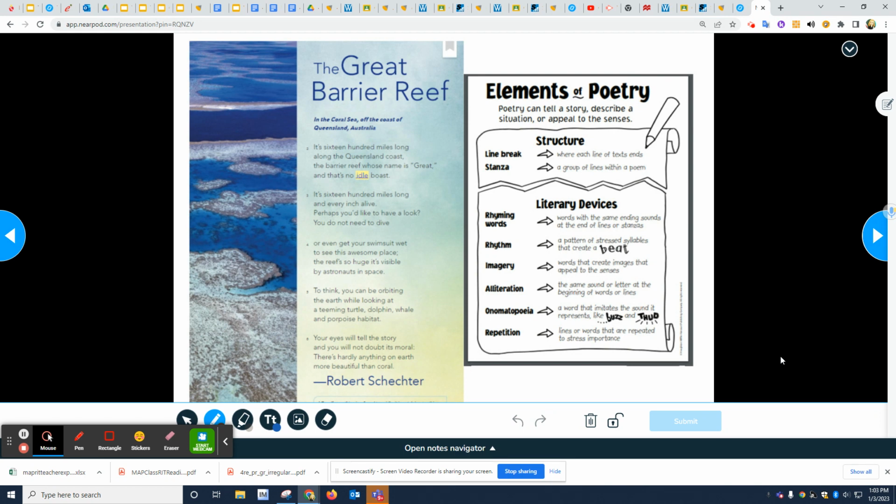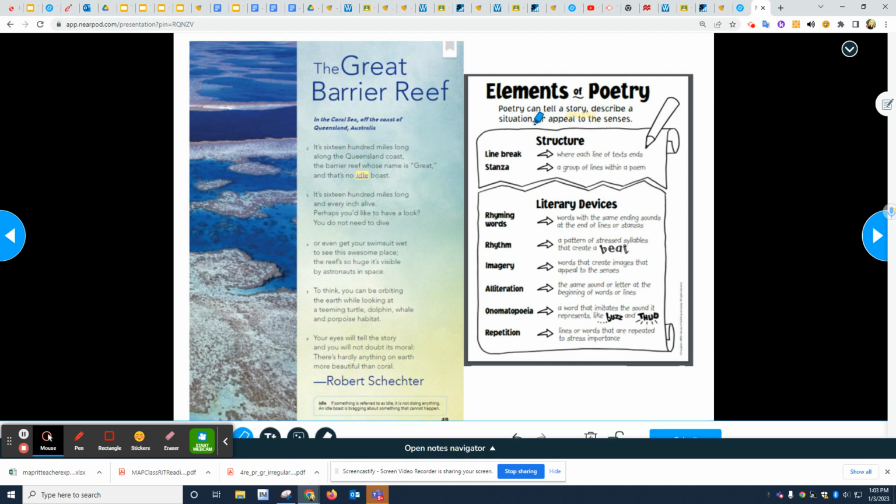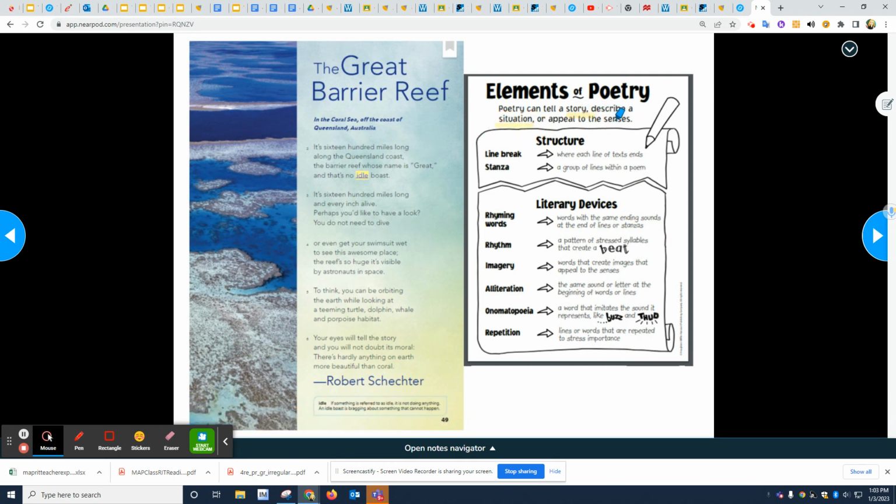And now I'm going to look at some things that I want to do on this poem. I'm going to first look at my elements of poetry. And I notice it says poetry can tell a story. It can describe a situation or appeal to the senses.